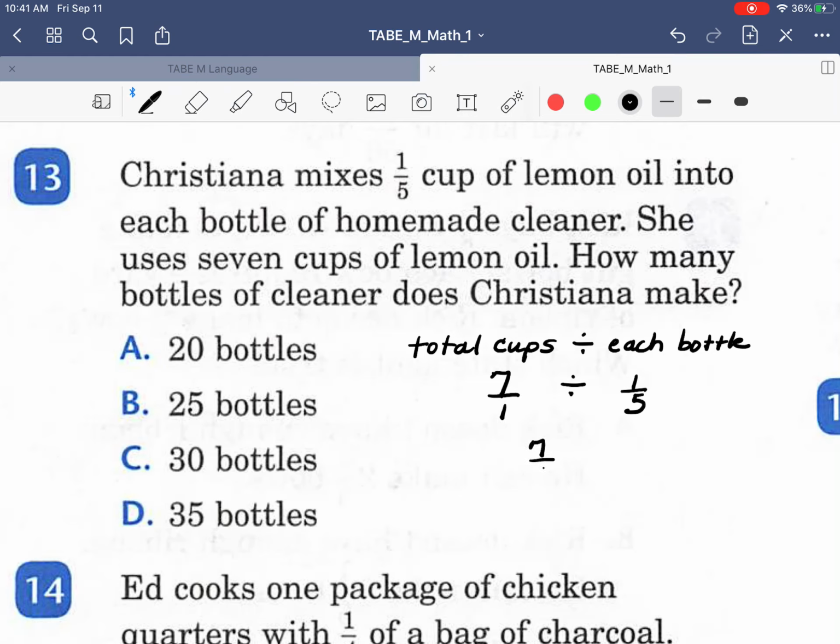So 7 over 1 times 5 over 1 is 35 over 1, or 35. The answer to number 13 is D. 35 bottles.